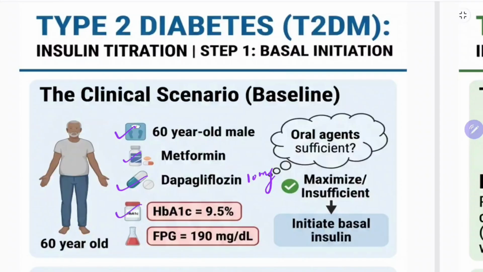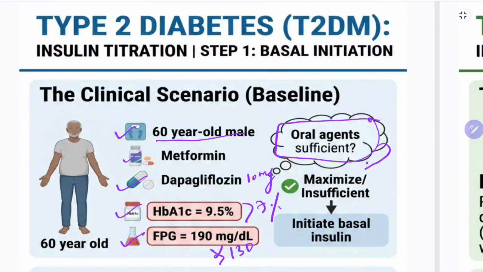His HbA1c is 9.5%, which is more than the target, and fasting plasma glucose is 190. Both are above the target. The target is 130 for fasting, and for a 60-year-old, HbA1c should be less than 7.